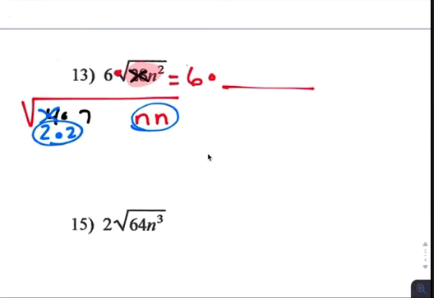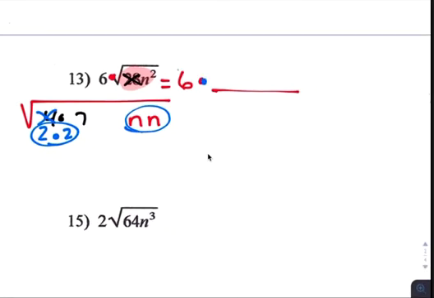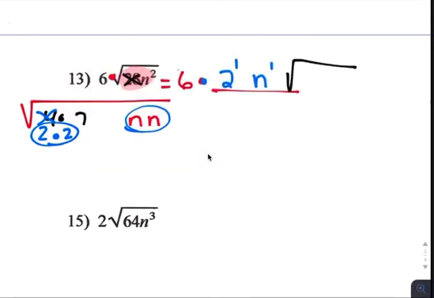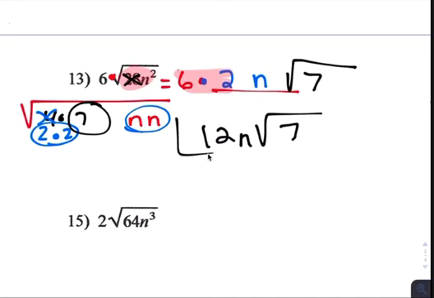Yeah, so times, you always write the number with 2 to the first, n to the first, and then the square root of the 7. Now get rid of this exponent, multiply the numbers, always the numbers. That's your answer. Okay?